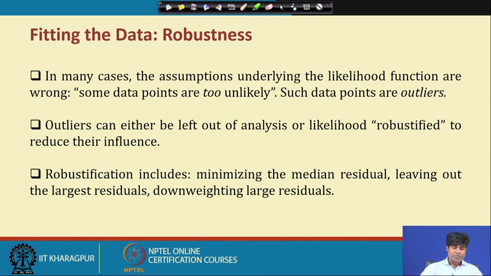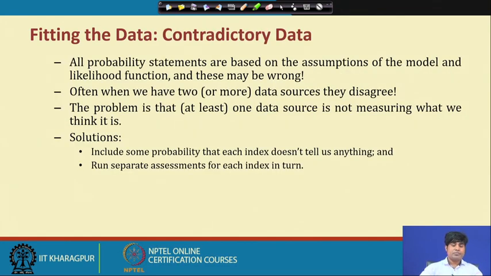But ultimately the requirement is that there should not be outliers in the final setup, so that the model does not create any problem so far as prediction or forecasting is concerned. So, the requirement is minimizing the median residuals, leaving out the largest residuals and downweighting large residuals. This is how the structure works.